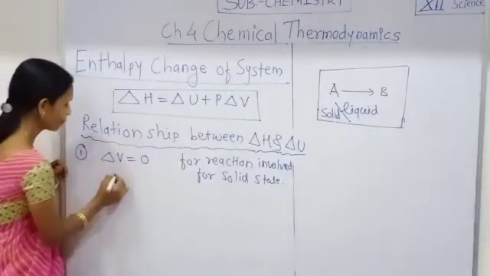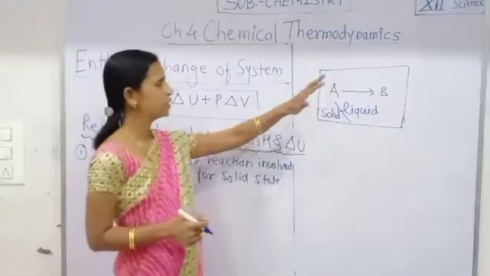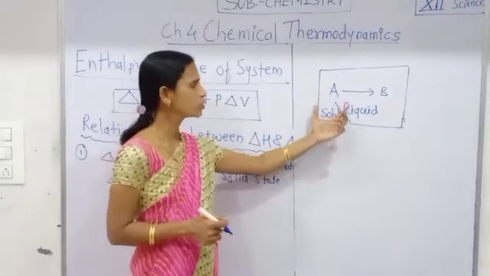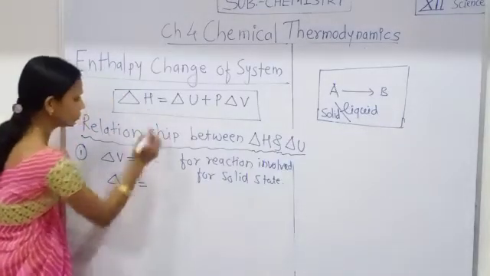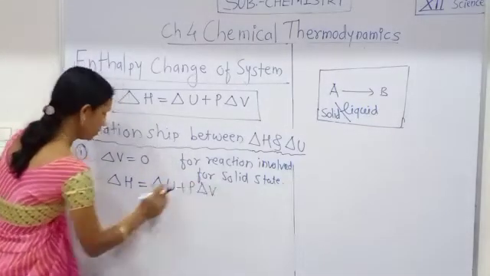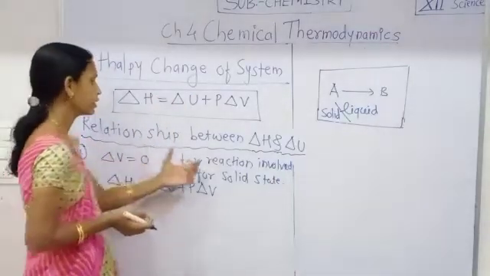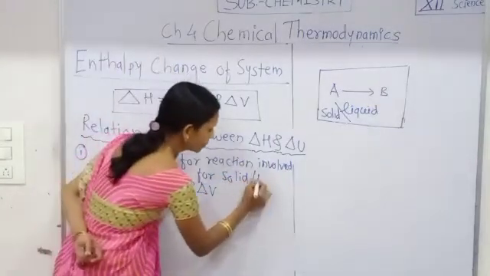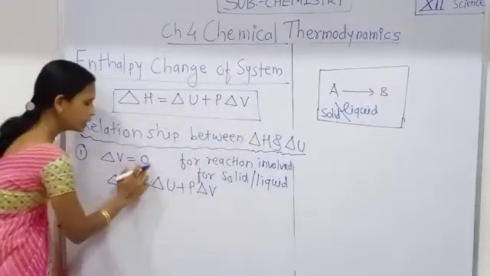Therefore here delta H, the enthalpy of the reactions related with solid or liquid substances, is equal to delta U plus P delta V. But for those types of reactions involving solid and liquid substances, delta V is 0.